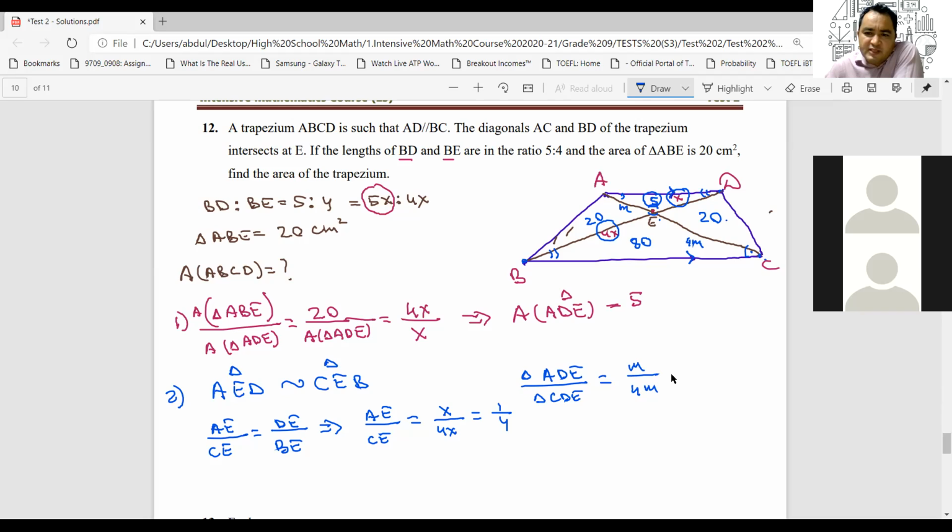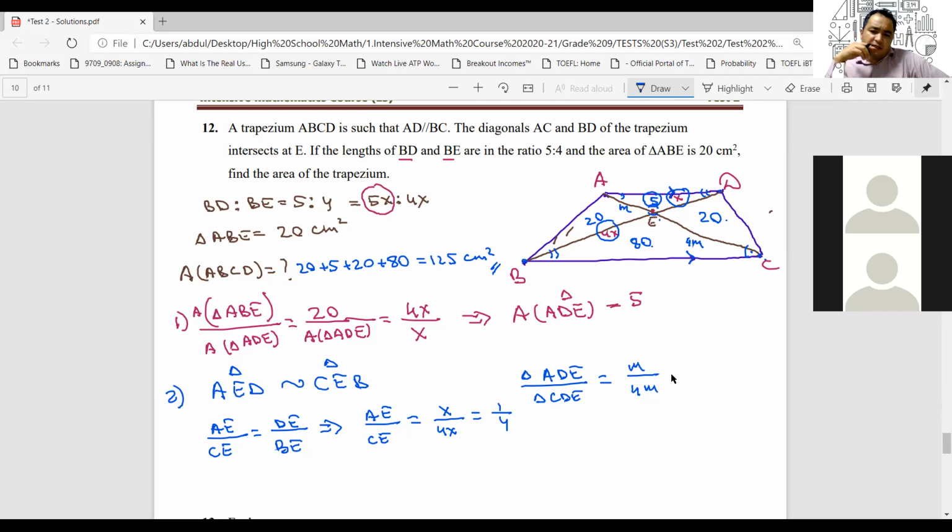You understand, X to 4X equals 20 to this area. If you solve this, this area is 80. So what is the area of the trapezium? The sum of the areas of these 4 triangles: 20 plus 5 plus 20 plus 80, which is equal to 125 cm squared.